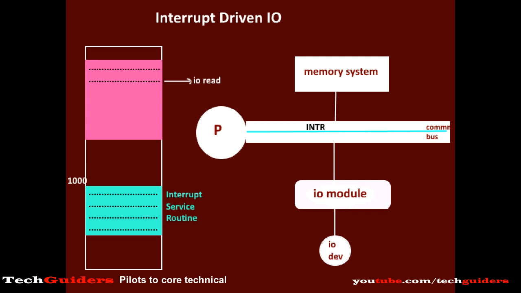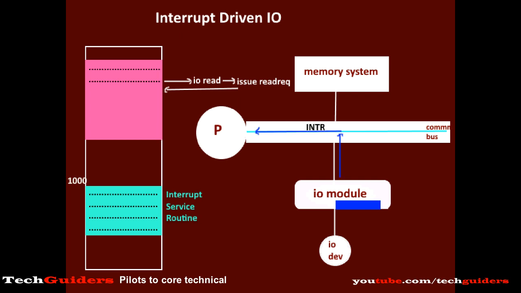Let it be an I/O read request. Now the processor can issue a read request command specifying the address of the I/O device, and then continue with its computations. By this time, the I/O module can collect data from the I/O device, and when the data to be transferred is ready, it can generate an interrupt signal to the processor.